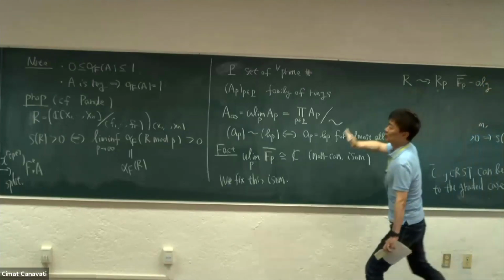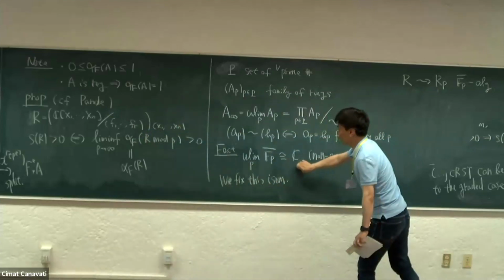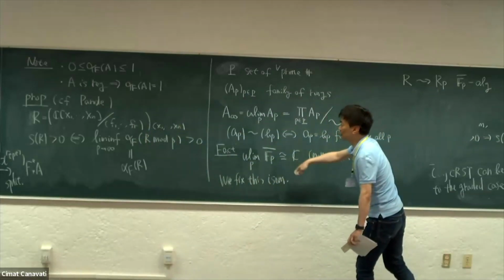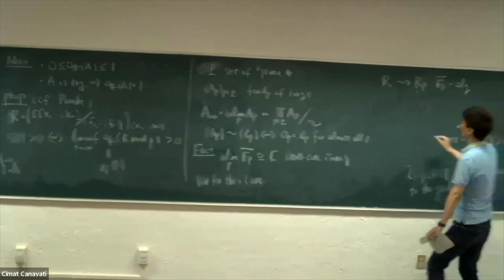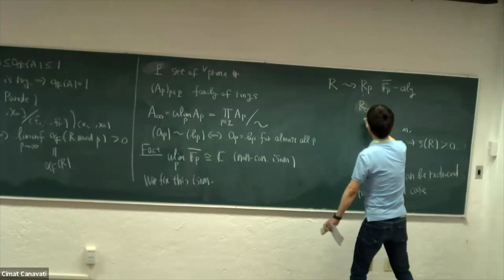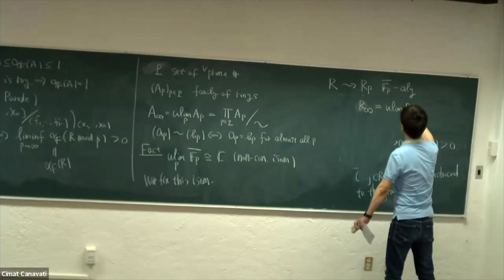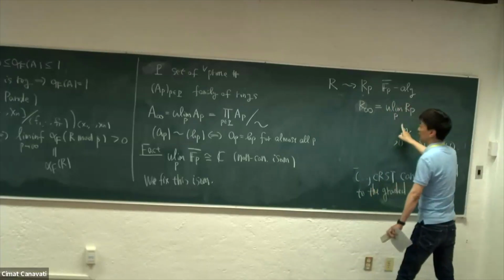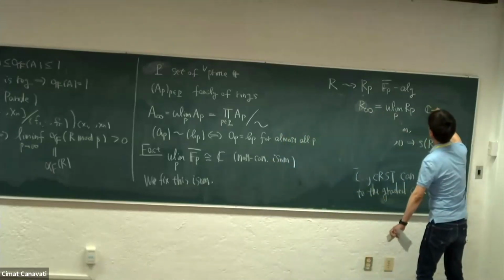Our ring R is of course a C-algebra, but using this isomorphism and replacing coefficients, we get an F_p bar algebra. And R infinity is the ultra product of this R_p. Then, because of this fact, this becomes a C-algebra.